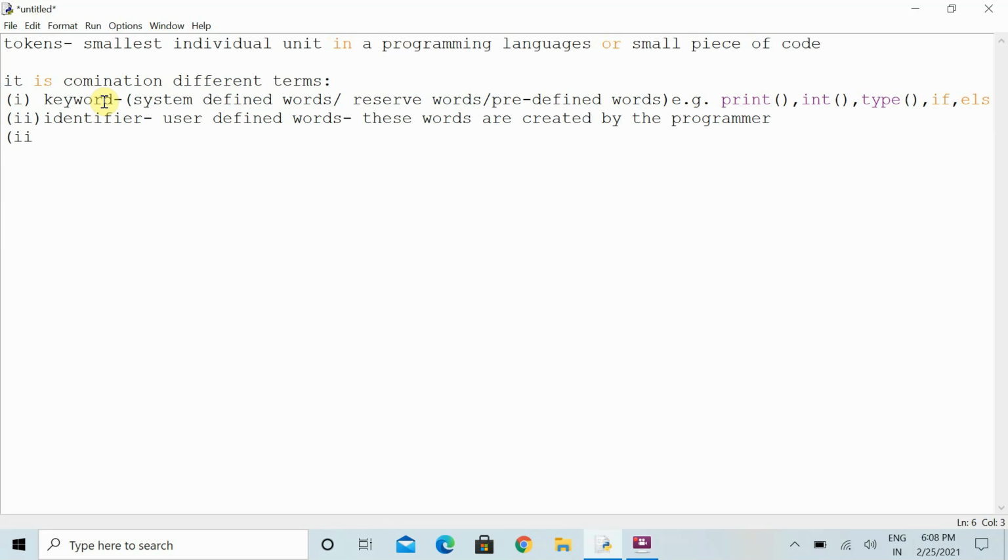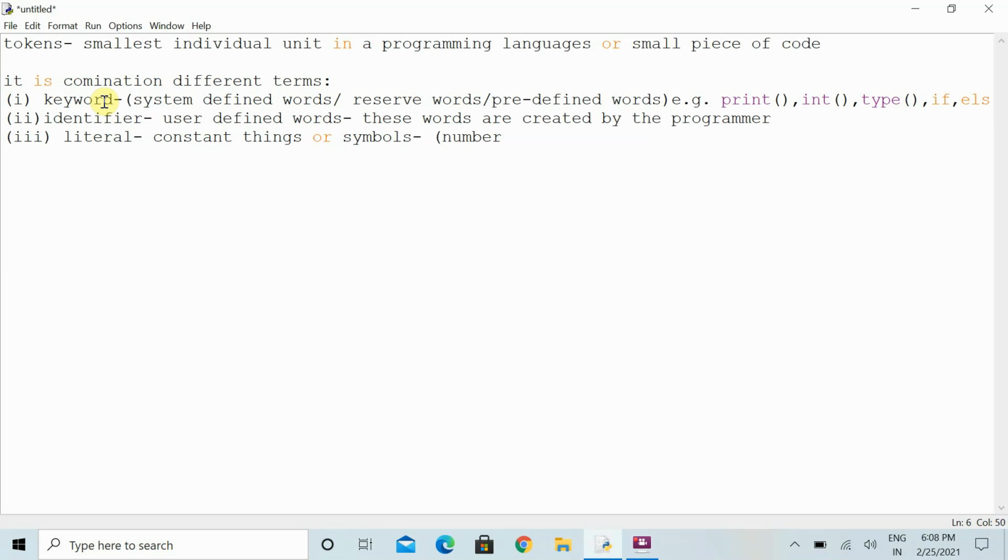And third is literal. All these terms we will discuss in detail. Literals are constant things or symbols that we use in our programming languages.